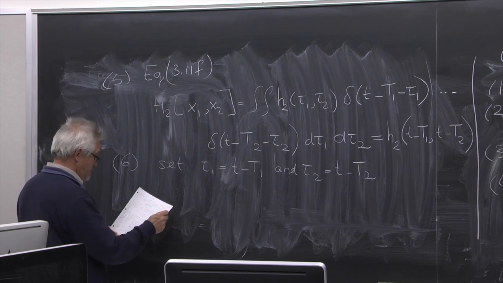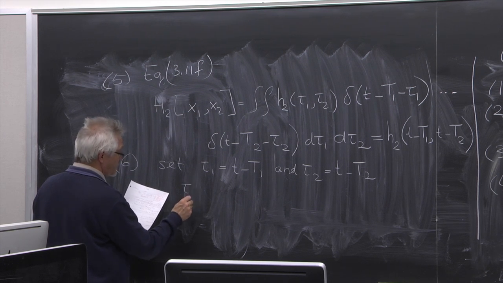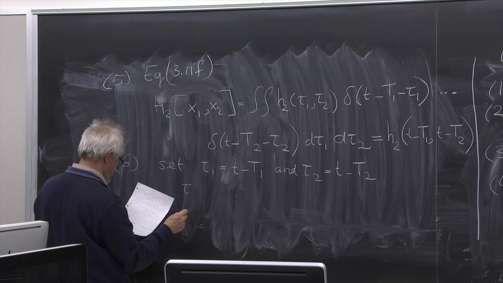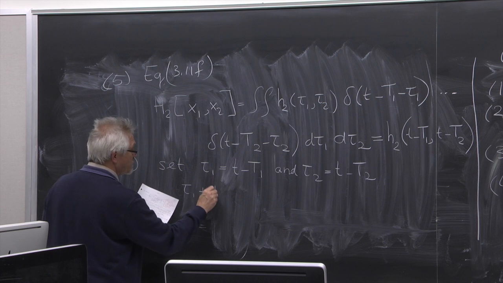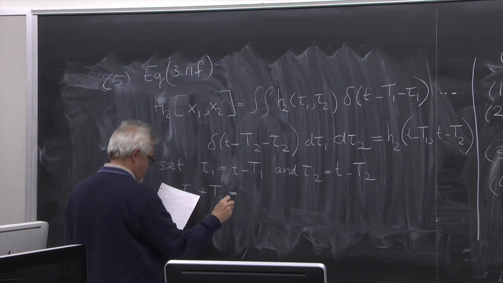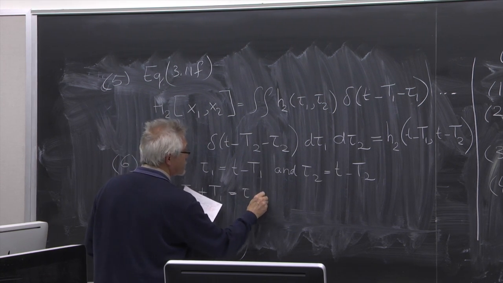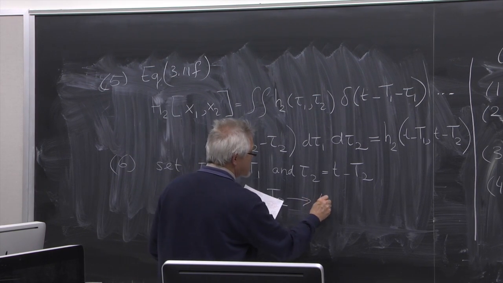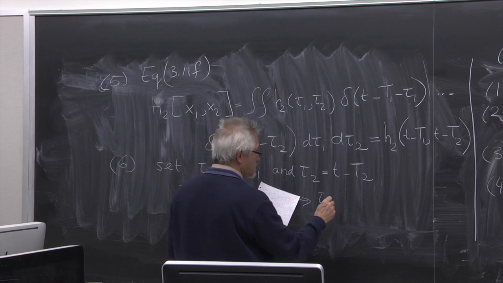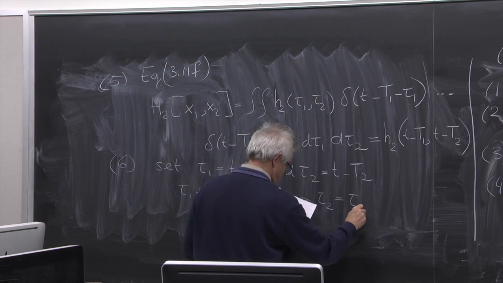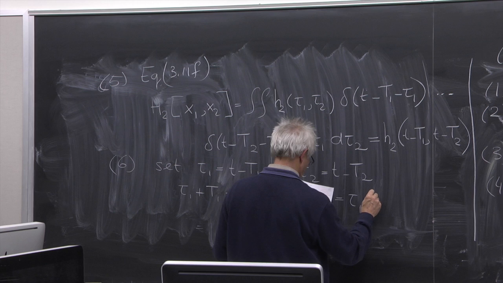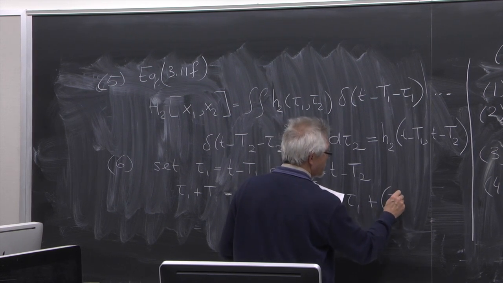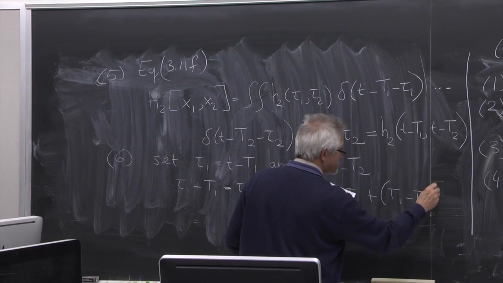And then you realize that for that reason, if I solve this for t, that tau 1 plus t1 is equal to tau 2 plus t2. Or I could also write this as tau 2 is equal to tau 1 plus t1 minus t2.